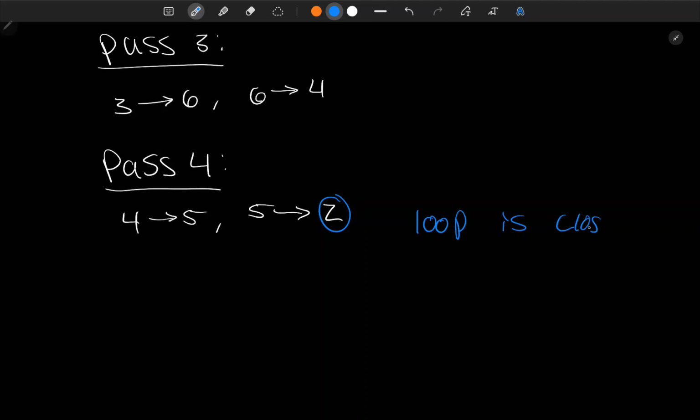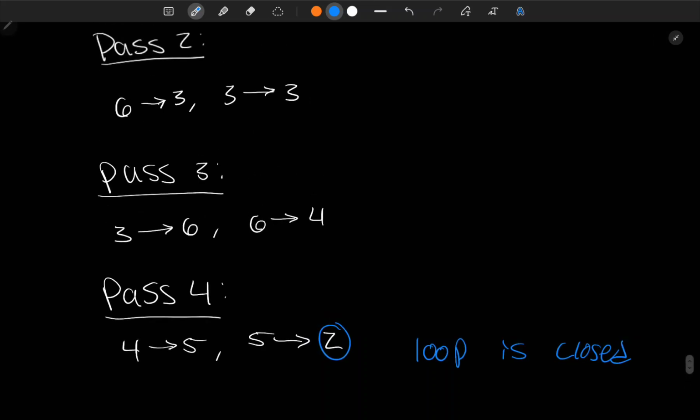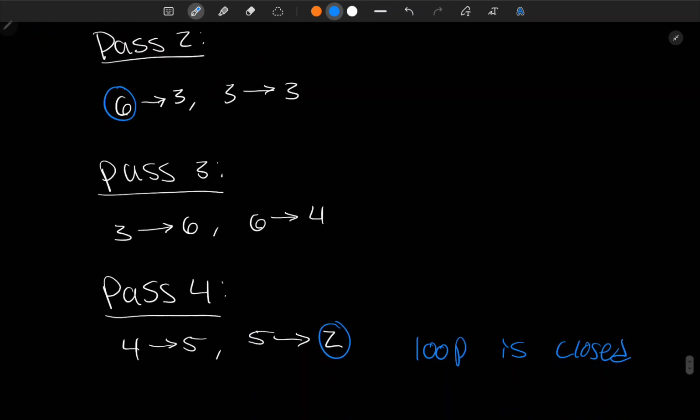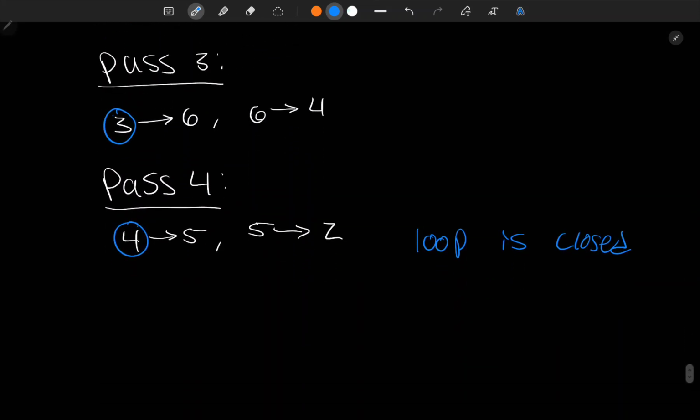And the way that we read off the elements of this loop is we read off the first number that we started with in each pass. So we erase this too. So we read it backwards again.